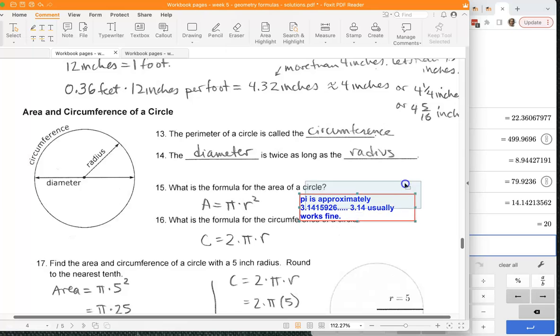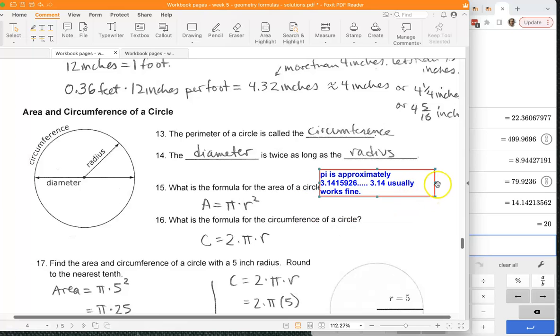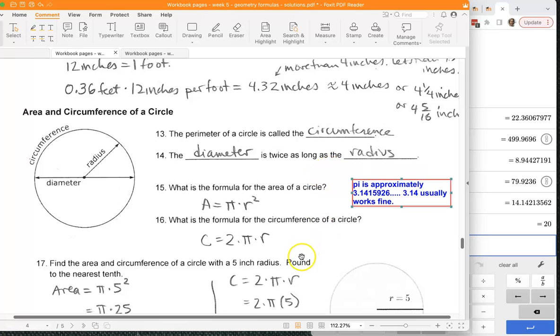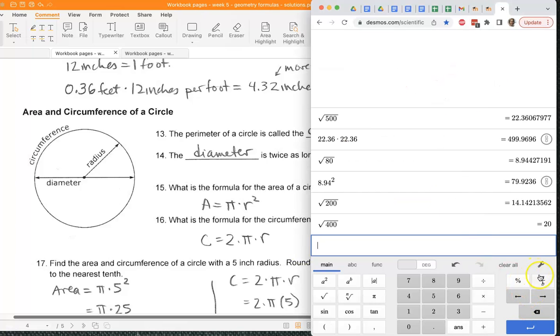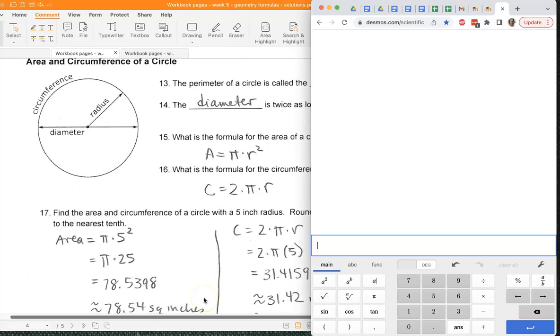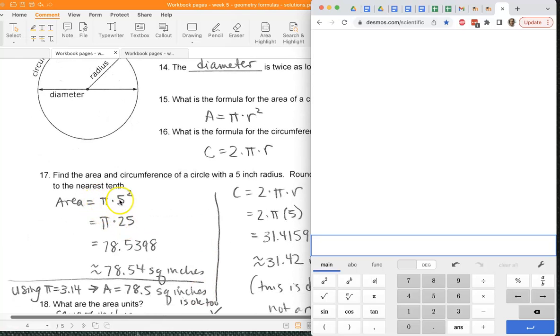It's not what mathematicians want you to do, but it might be close enough in most real-life situations. So there is a pi button on your calculator, so let's talk about how to do that. If you're finding the area and you're doing pi times 5 squared, only the 5 gets squared. That's that exponent's first, multiply second.